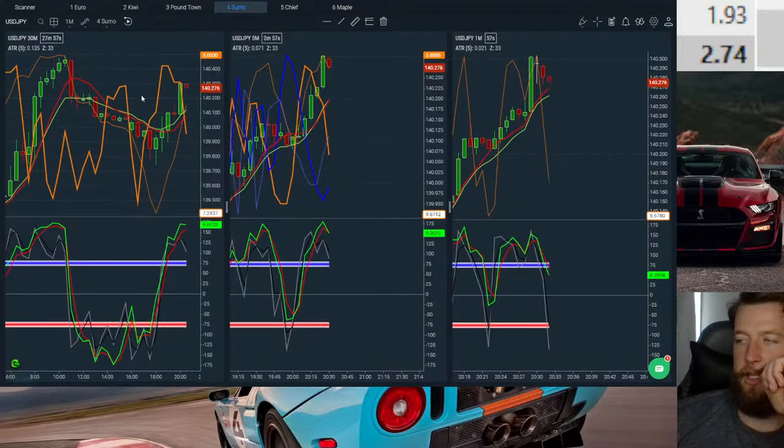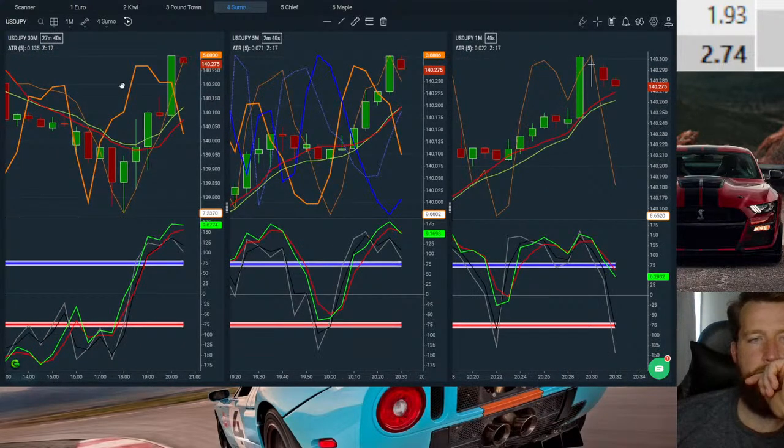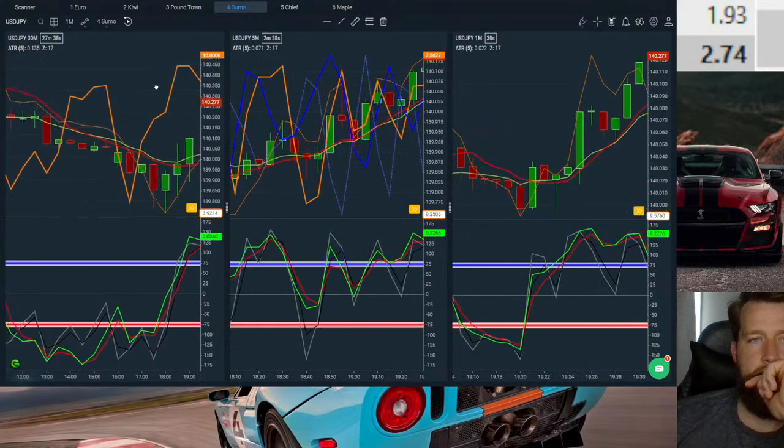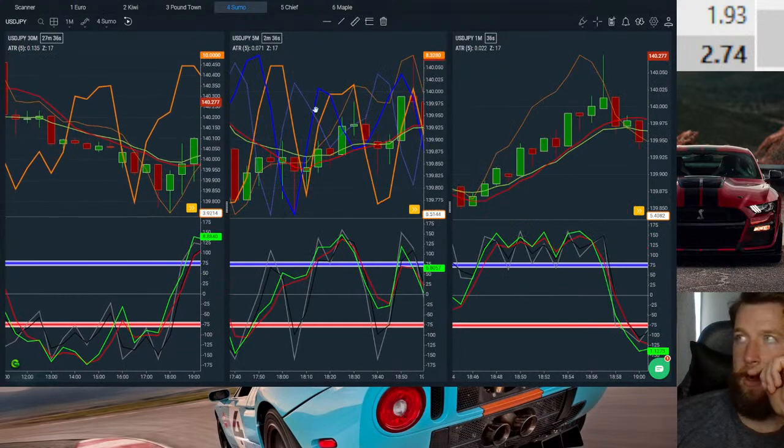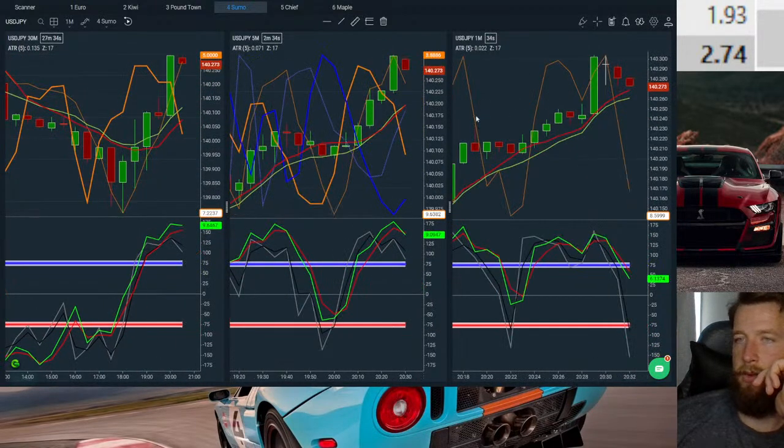We actually just posted on the 32. This should have been a pretty tough level for this to break, but it just went right through. You could actually, on the 30-minute here, I want to make sure we're not missing anything.